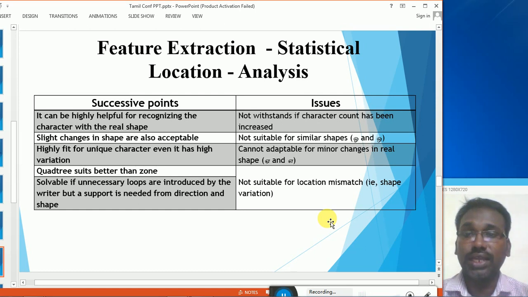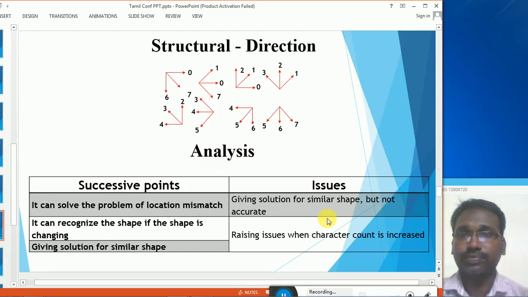It is solvable if unnecessary loops are introduced by the writer, but support is needed from the direction and shape features. It does not withstand an increased character count. It is not suitable for similar shapes, cannot accept minor changes in real shape, and is not suitable for location mismatch, that is shape variation. Next one is structural direction.